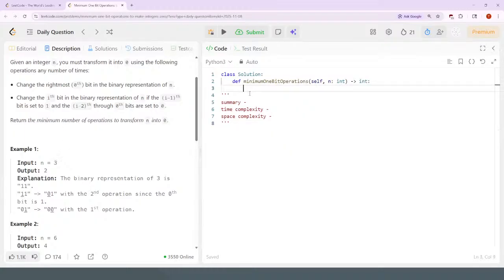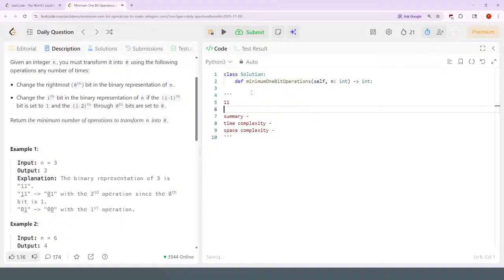Okay, n equals 3. n equals 3 means it's 1, 1 in binary. So you make the rightmost bit into a 0. That's one operation.